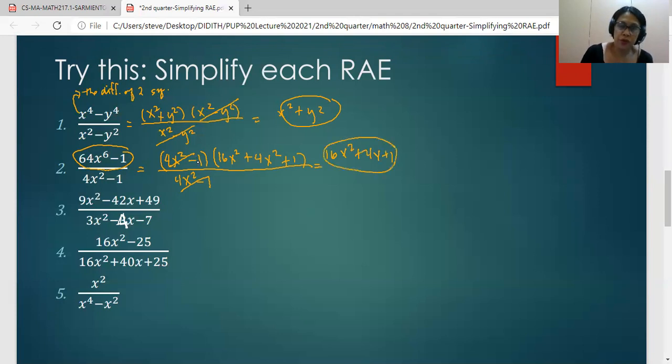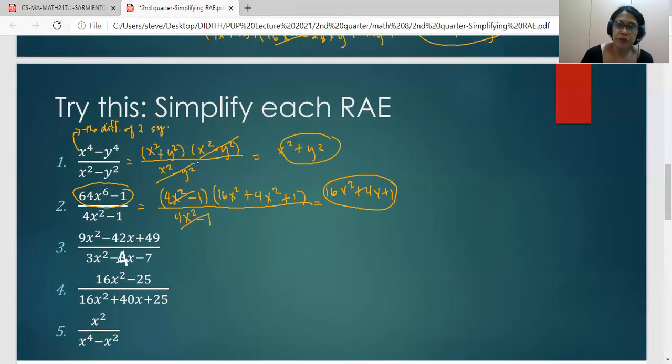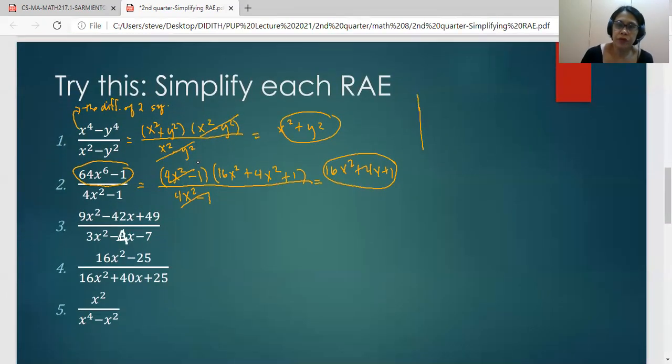Now, if we're going to consider the other method, like we consider the difference of two squares, okay? So, this is the solution for number 2 using the difference of two squares.